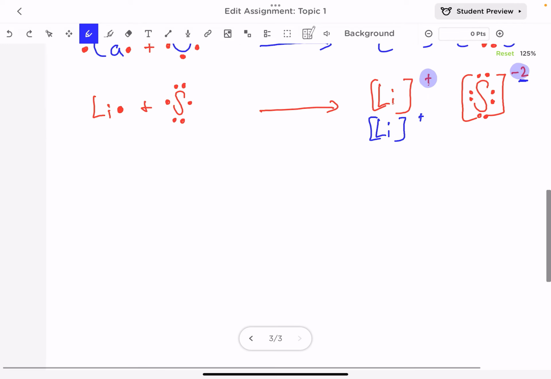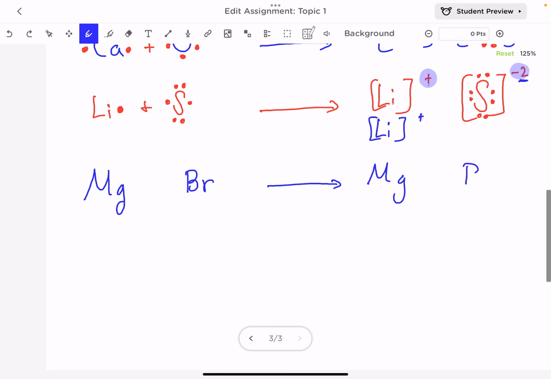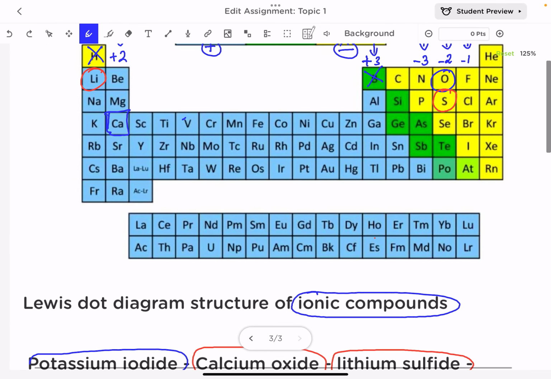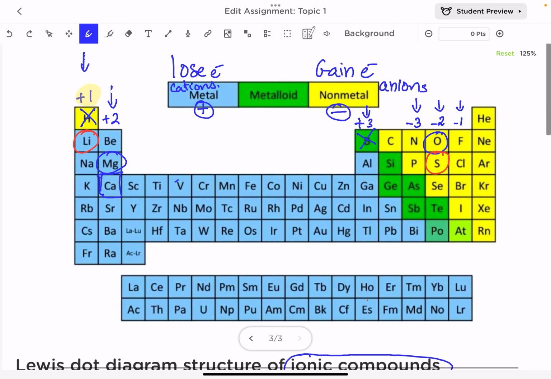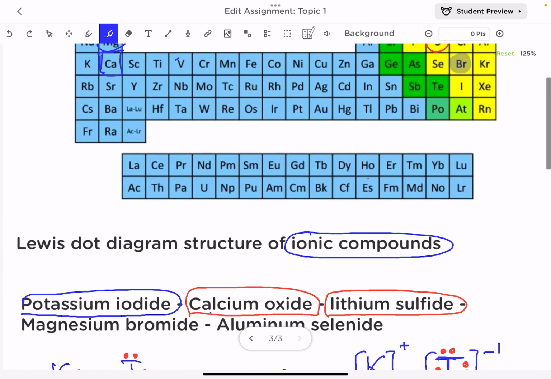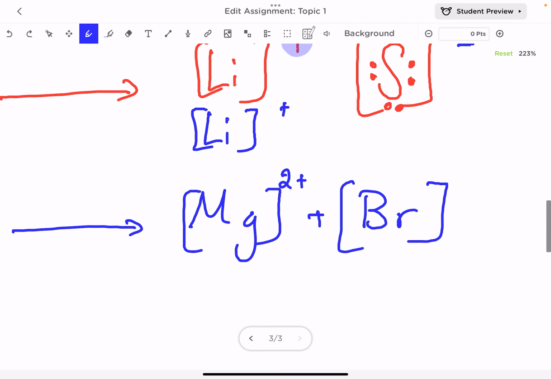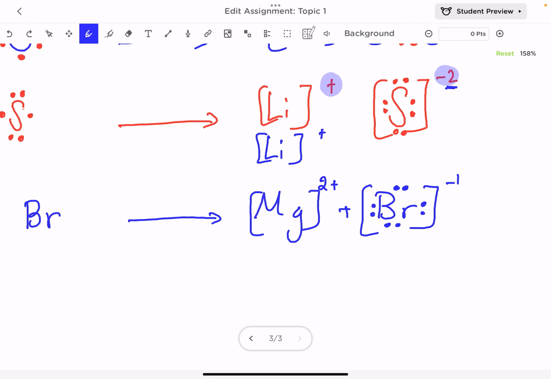Another example, magnesium bromide. Now if I look at the periodic table, I find that magnesium belongs to group 2. So it's going to do a positive 2 charge. While bromide is over here, it's going to have a negative 1 charge. Again, the rule says for positive ions, no single dots. For negative ions, you place 8 dots around it.